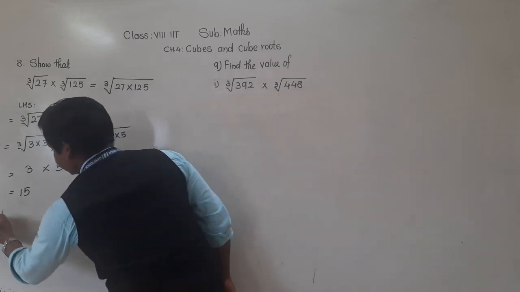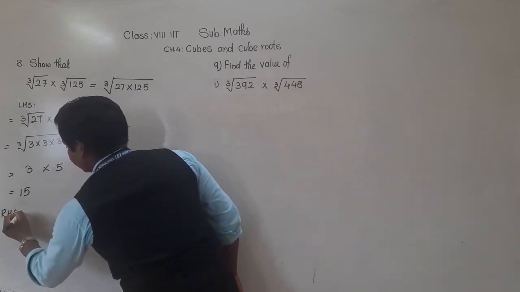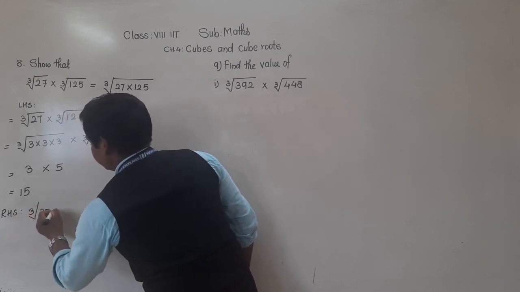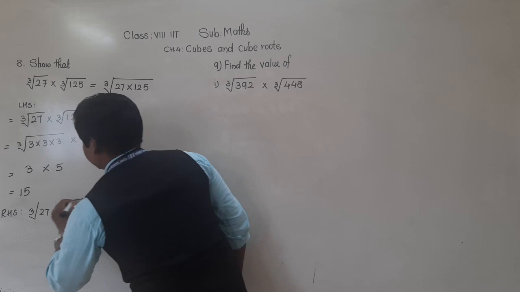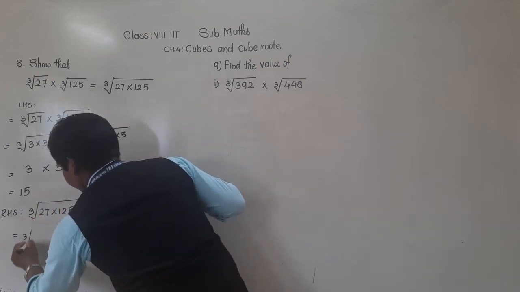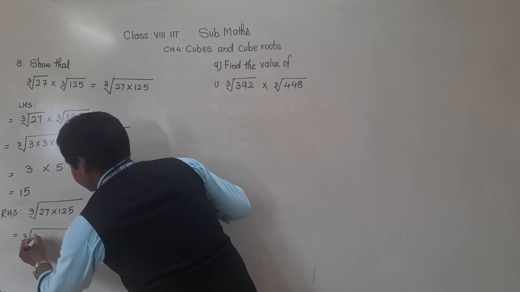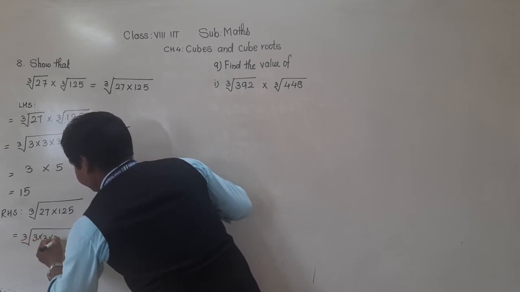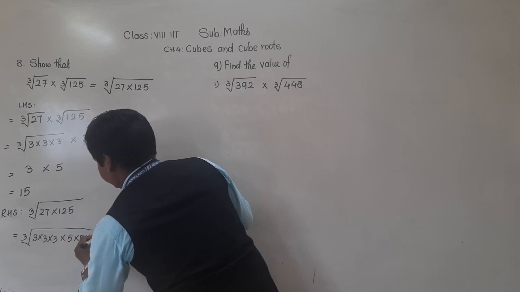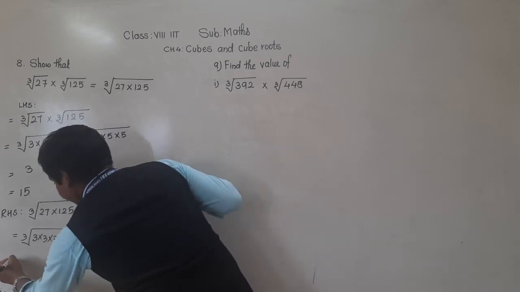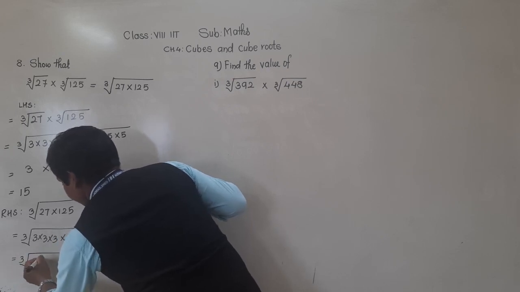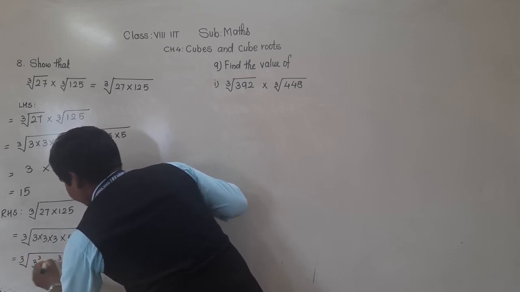Let's take RHS. RHS is cube root of 27 into 125. Correct? So it is equal to cube root of, 27 is what? 3 into 3 into 3 into 5 into 5 into 5. That is 3 cube into 5 cube.